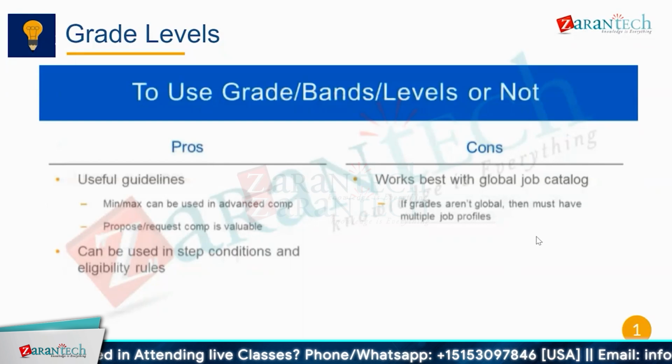If I'm hiring somebody in Atlanta, I need to have a job profile for that, and if I need to hire somebody in Austin, Texas, I need to have a different job profile. So if I put these grades, bands, and levels within the job profile, then I don't have to create or manage as many different job profiles.